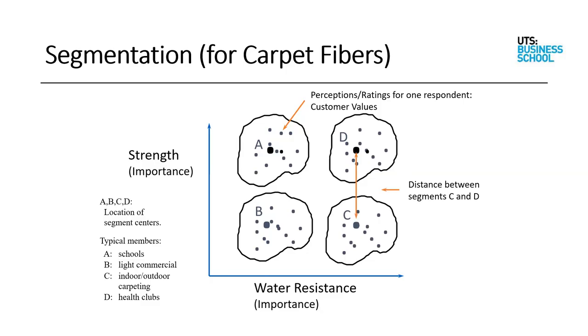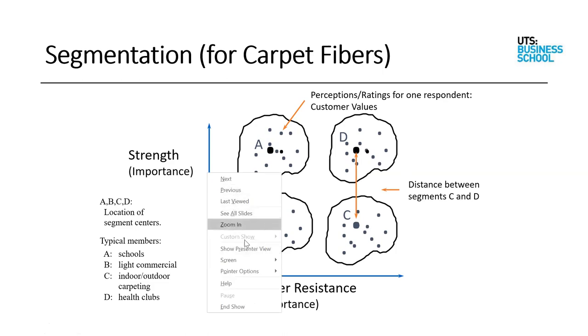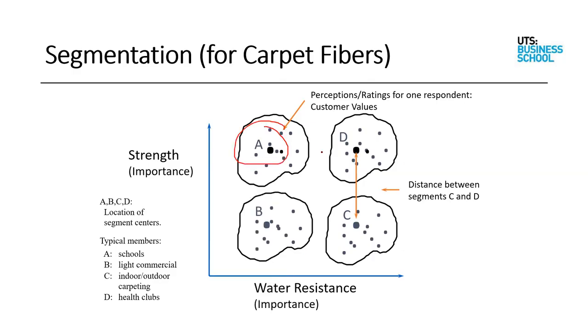So when you find these kinds of distinct segments in the market, let's say this particular brand is currently targeting segment A, but would like to move into segment D. So in other words, they need to reposition their brand to target the consumers in segment D. So what is it that the brand needs to do to be able to reach out to the consumers in segment D?